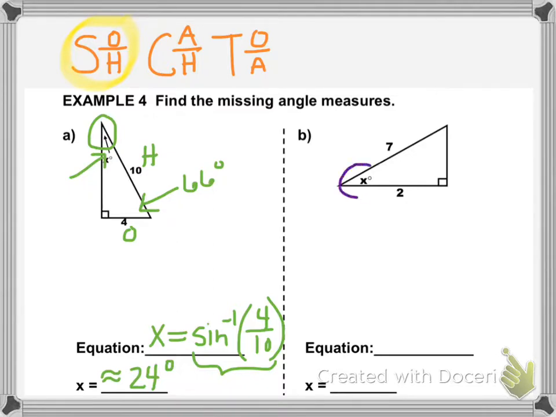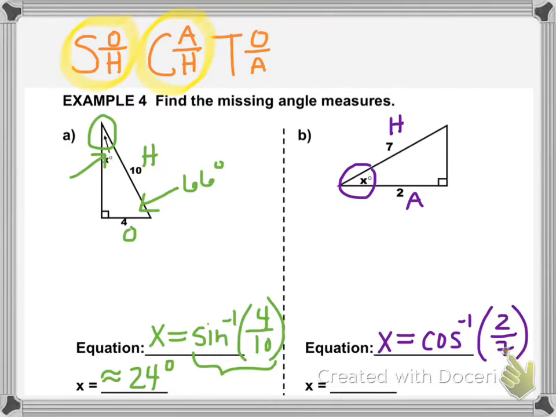In this case, we're trying to find the measure of this angle. The sides we have are the 7 and 2. The 2 is our adjacent side, the 7 is the hypotenuse. Now we have A and H, that's cosine. So the way we're going to set up our equation, the angle measure we're trying to find is going to be equal to the inverse cosine of the ratio for cosine, which is A over H, or in this case 2 over 7.